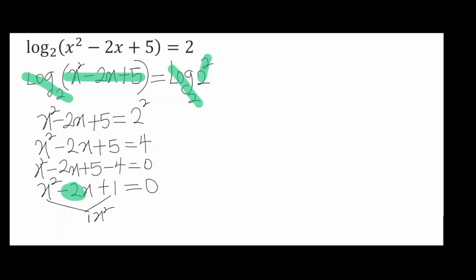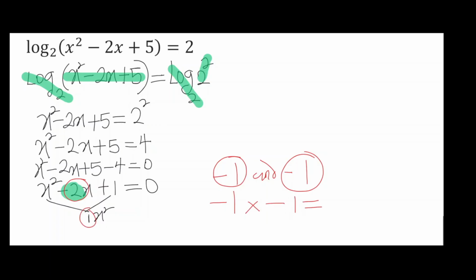The factors of 1 such that when I add them together I will get -2 are -1 and another -1. Because when I add -1 plus -1 together, I'll be getting -2, and when I multiply -1 times -1, I'll be getting 1.